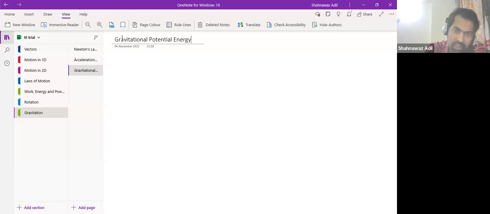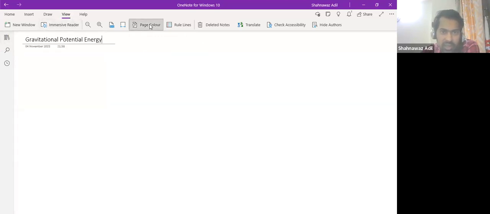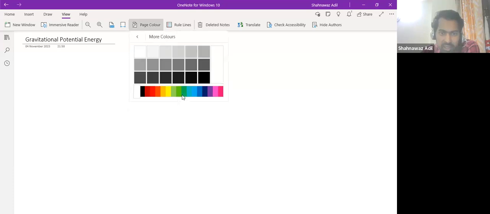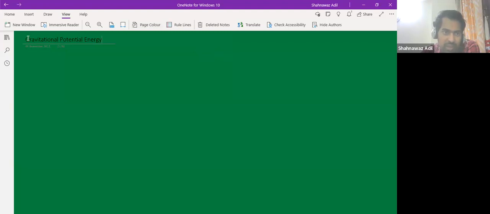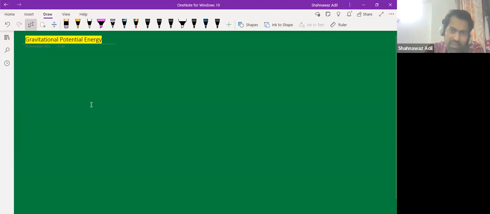When we were doing work, energy and power, if you guys remember, what was the gravitational potential energy of this object at this certain height?